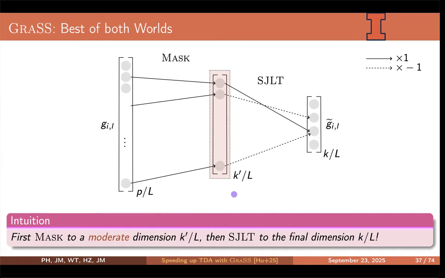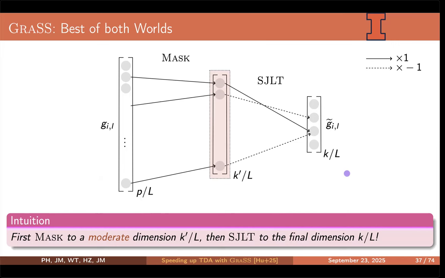So in the first stage, we're not losing too much information. But now SJLT can succinctly summarize all the information in this moderate-size vector down to our final projection result.